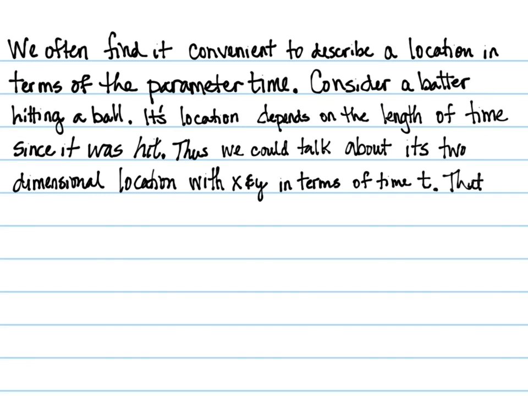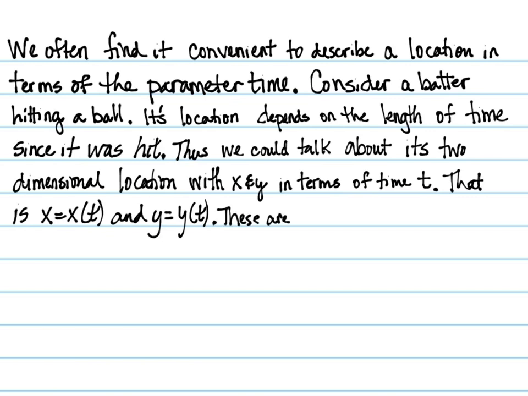That is, X is actually an equation that is dependent upon t, and Y is another equation that also depends upon t. These are called parametric equations.